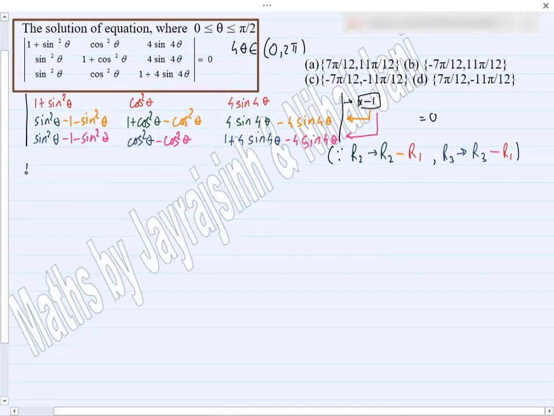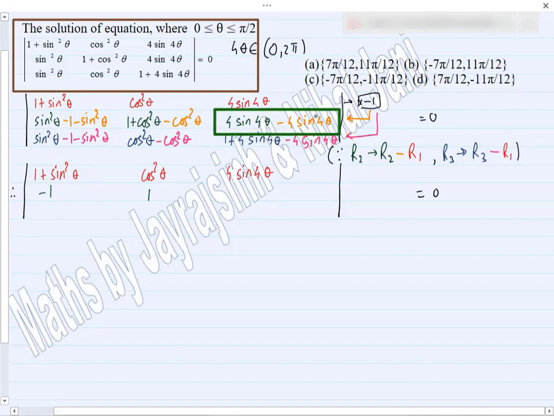So in this operation our first row remains as it is. The second row will be 1, cos square theta cancels out, plus 1 cosine 4 theta minus cosine 4 theta. Similarly, the third row will be 1, 0 and 1.